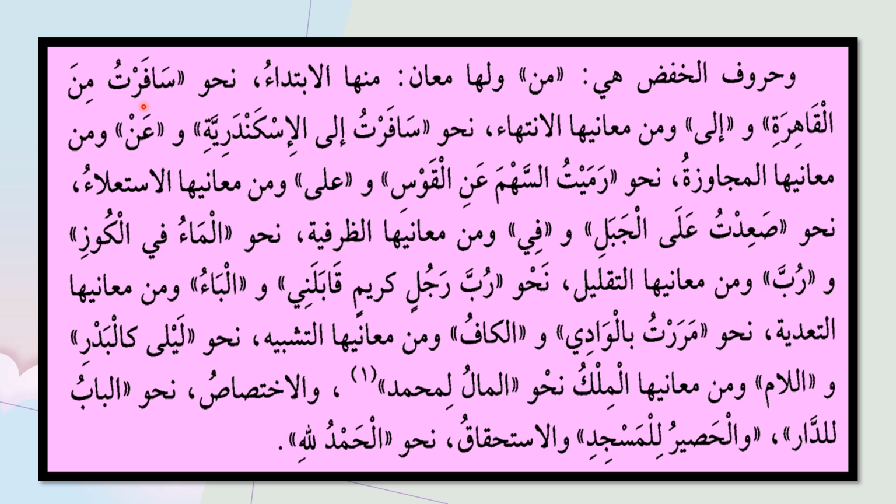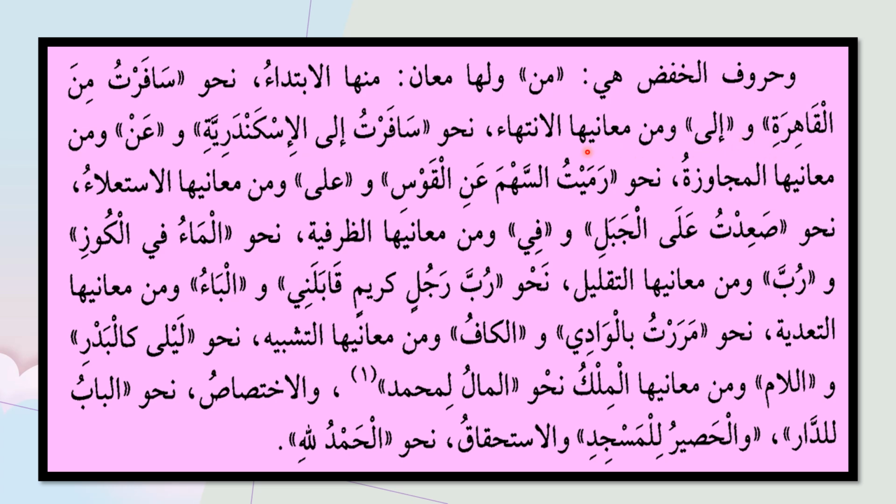Now, safartu min al-Qahira. So when you read safartu min al-Qahira, I traveled. So how are you going to say I traveled from Cairo? Min gives you the idea of from where you started. I traveled from Kahira. Kahira is Cairo.